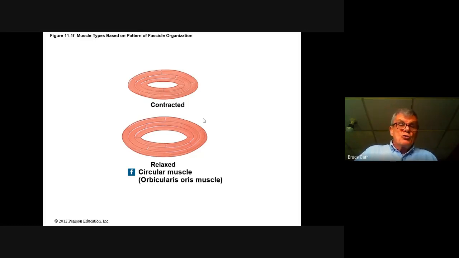So we are able to control the opening of our mouth and the opening of other places. There is an orbicularis oculi muscle that does the same thing, closing down the eye opening. So those are the basic shapes we see in skeletal muscles.